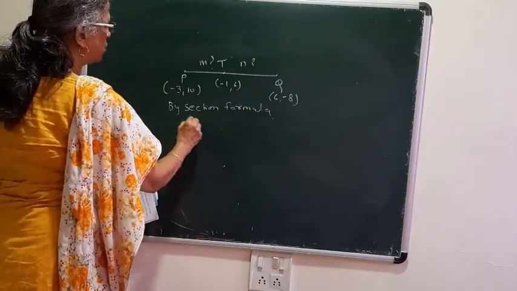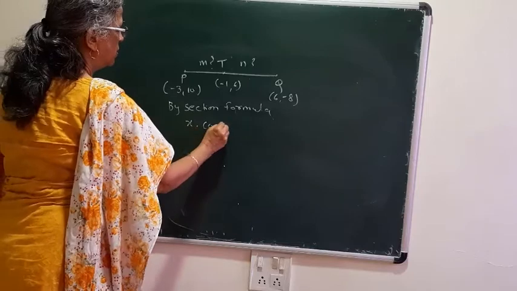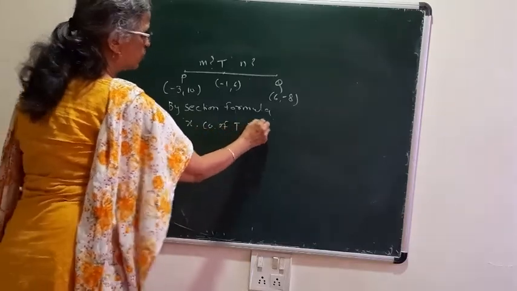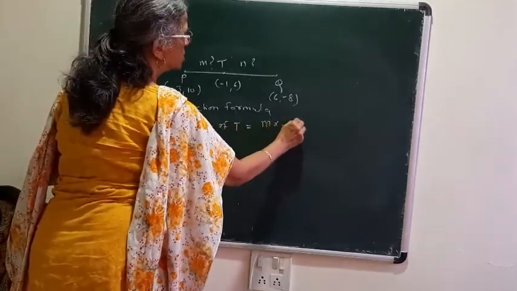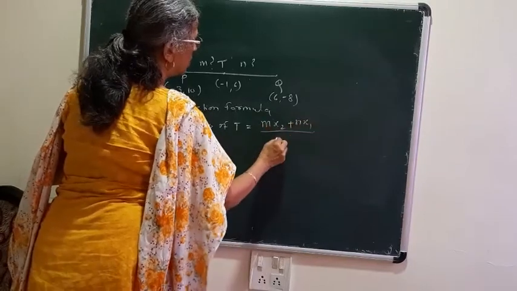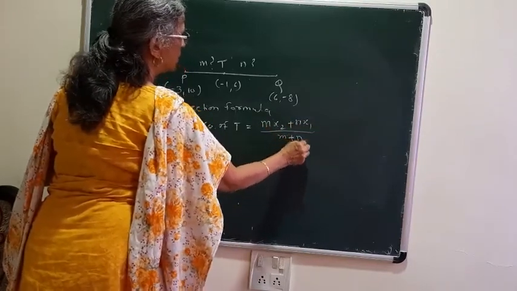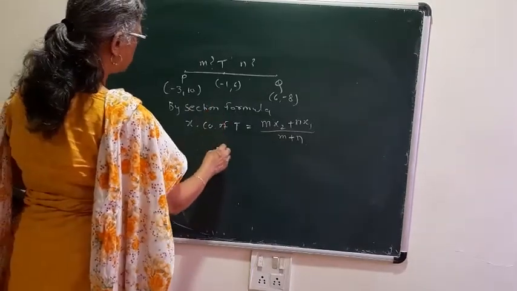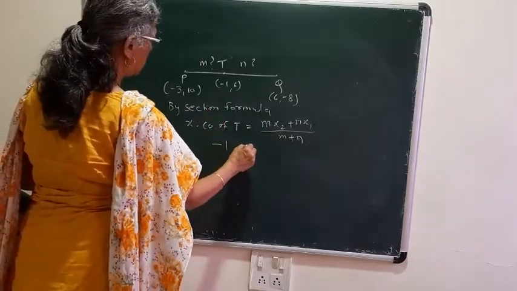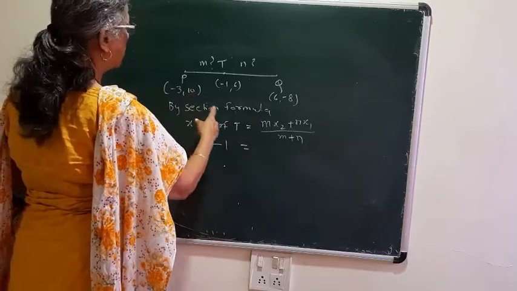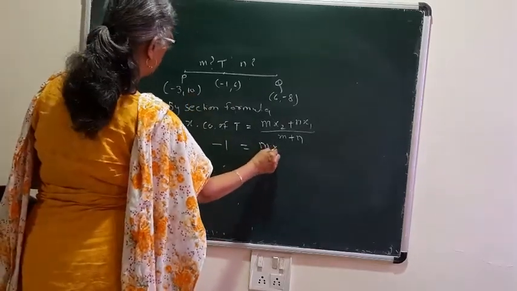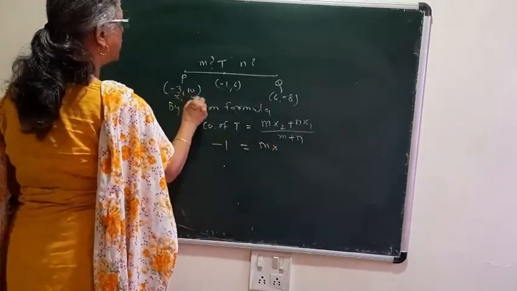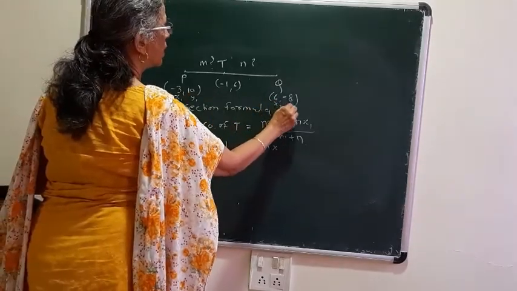The x coordinate of T is equal to the formula (mx2 plus nx1) upon (m plus n). So the x coordinate of T is minus 1, mx2, m we are going to find out, we do not know. So this is x1, y1, this is x2, y2.